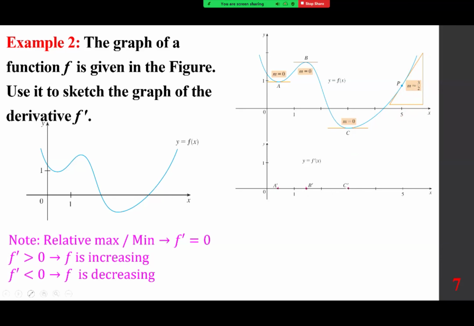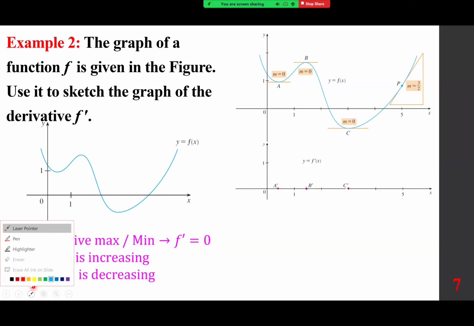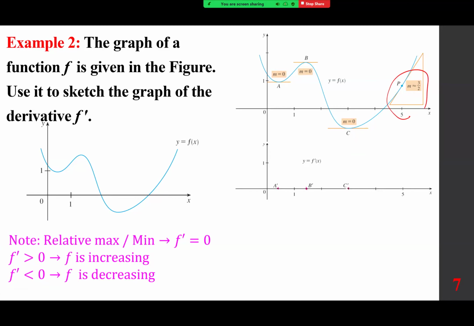Therefore, there has to be a point here somewhere on the graph of f prime, which has the coordinates 5 and 3/2 or 1.5.